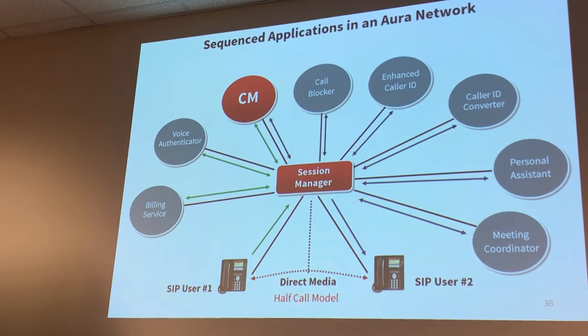So what you would configure is a sequence where, in my example, CM would be first, the enhanced caller ID would be the second application, and the call blocker would be the third. And then you assign that sequence to the user, so every time the user places a call, that sequence of applications is invoked.